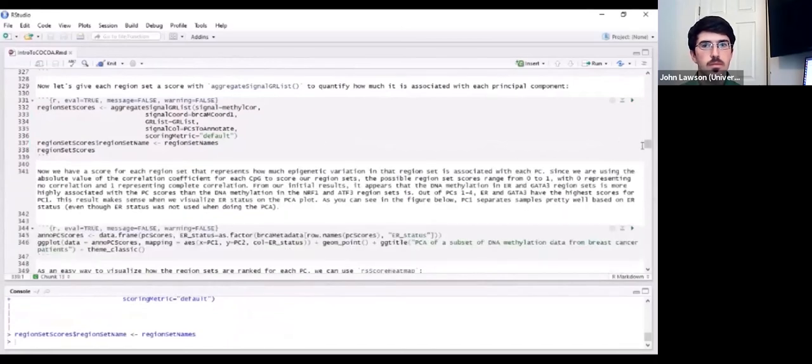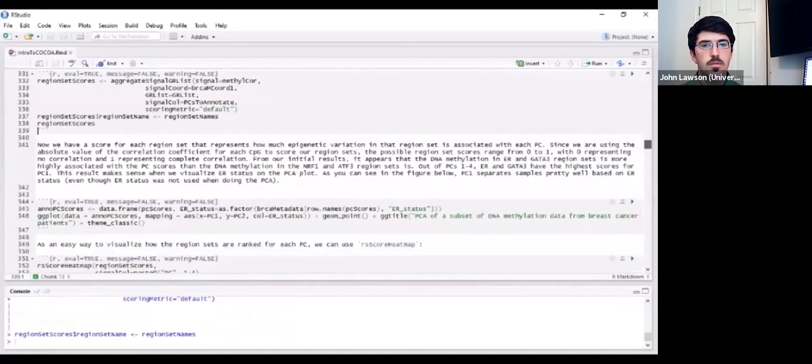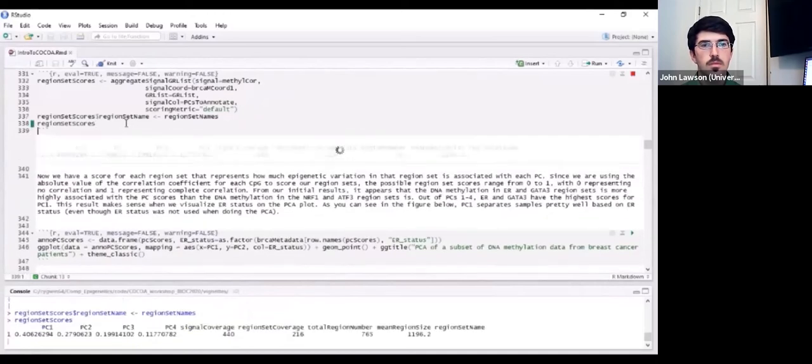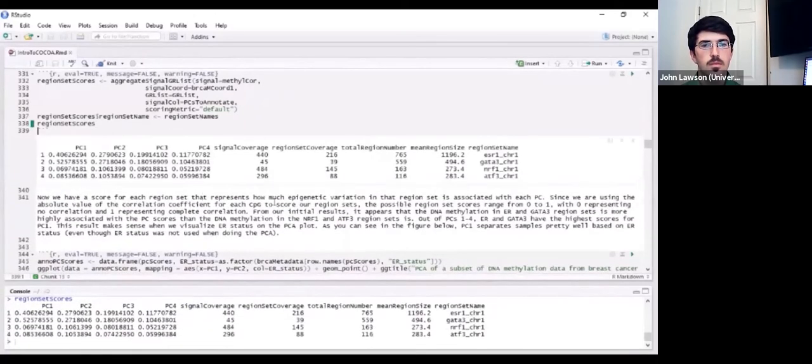And so we see in this case something very similar to what we saw previously. We see that estrogen receptor and GATA3 have really high scores, so really high correlation, and NRF1 and ATF3 have very low average correlation.